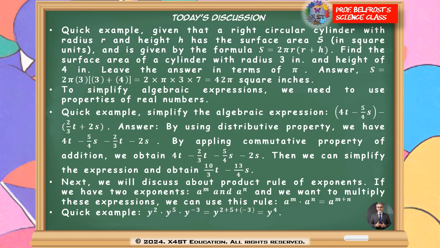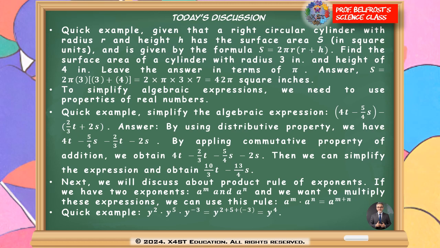The answer is quite simple. Just substitute r with 3 and h with 4. So 2 times pi times 3 times the sum of 3 plus 4. This is 2 times pi times 3 times 7. So we have 42 pi square inches. Very simple. This is just elementary subjects.